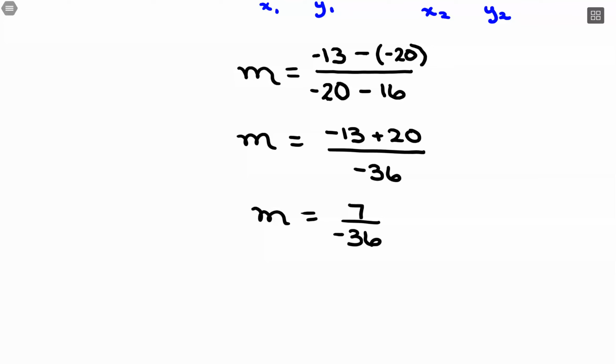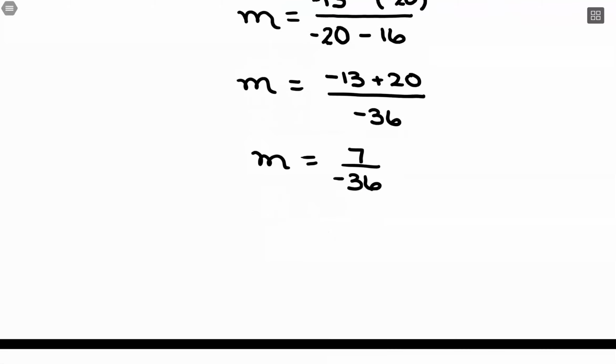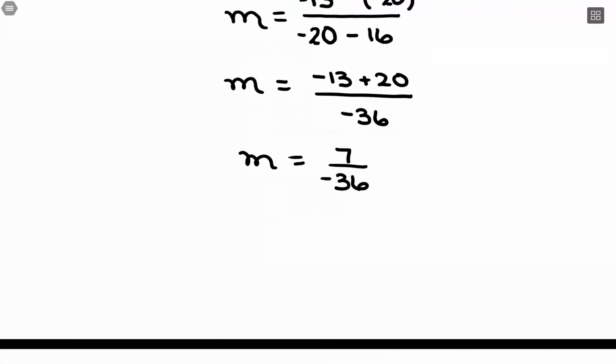If you're unsure, you can plug it into that Desmos Scientific Calculator, and it'll show you a reduced form. Now notice that I have the negative down here in the negative 36. You can write this fraction like I did, 7 over negative 36, or you could even write it as negative 7 over 36, or you can write it as negative 7/36.